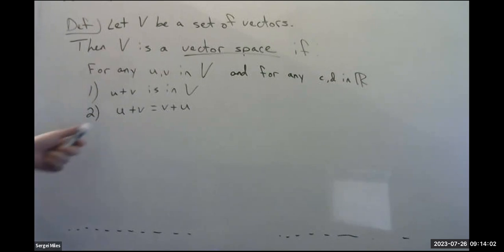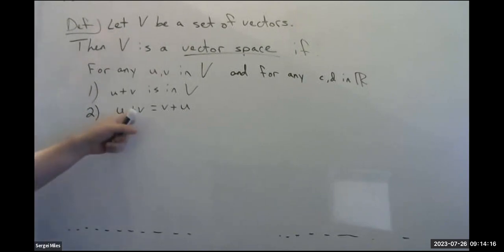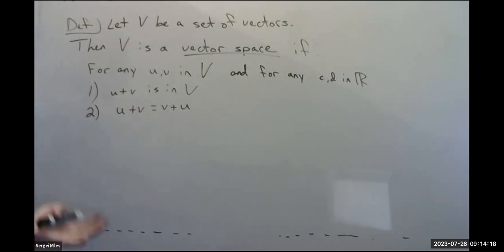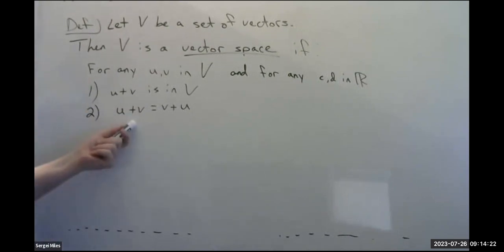The only time 2 might break is if you're working in some kind of set where they give you a definition. They say, well, when we add two things, we actually mean something else, right? So that would be an example where their plus sign is represented as something else, which is not the traditional plus sign.